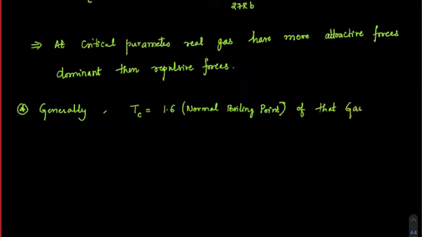For example, if we talk about water, the normal boiling point of water is around 100 degrees centigrade. So critical temperature of water would be how much? It is around 160 degrees centigrade approximately. In fact, it will be more than that, around 200 or so, but this is a minimum amount which you can get for most of the gases.